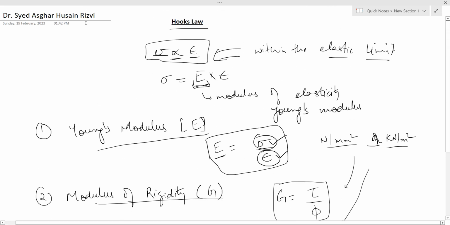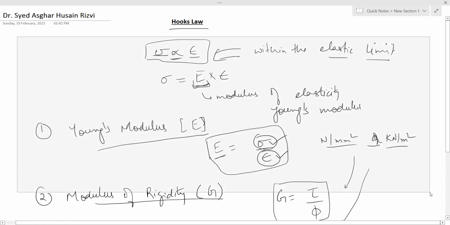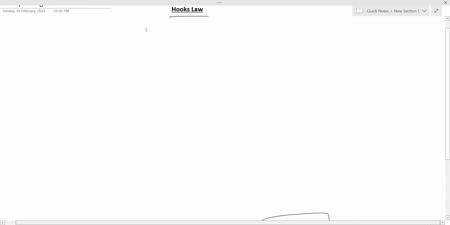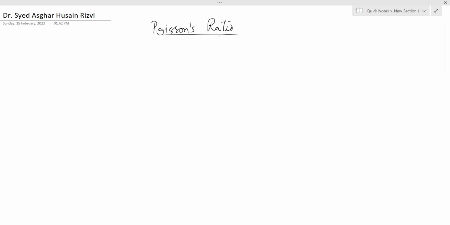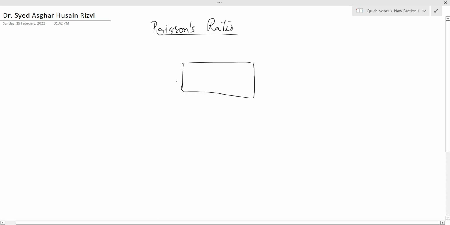Now let us discuss Poisson's ratio. If a body is subjected to external load like this, generally in tension its length increases.